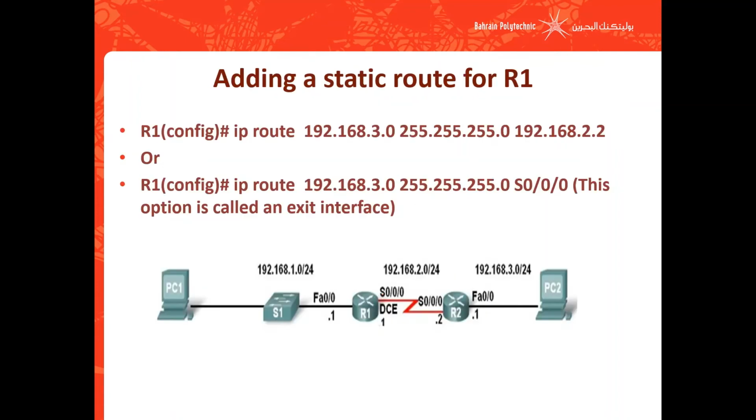Now, considering this network, we said that this router R1 is basically aware of this subnet and this subnet, and it doesn't know about this subnet. So what we need to do is make this router aware of this subnet. On this particular router, you will issue the command ip route 192.168.3.0.